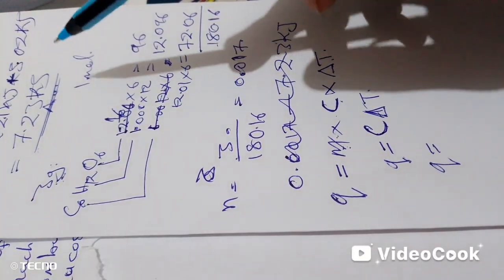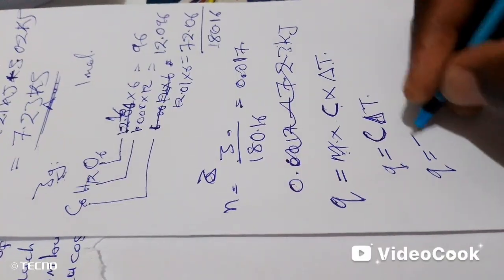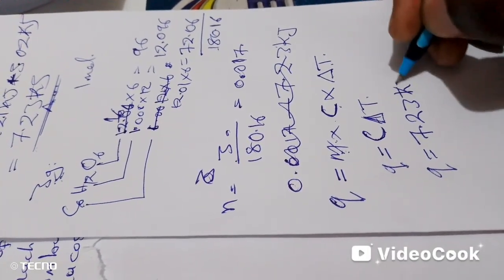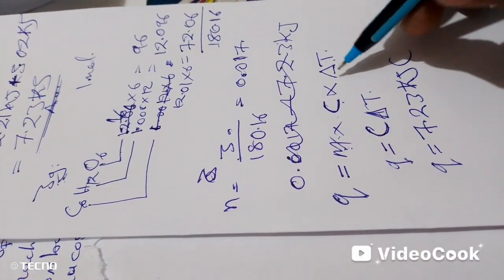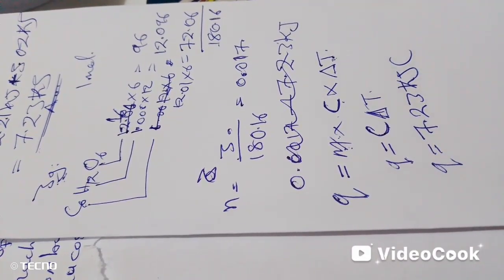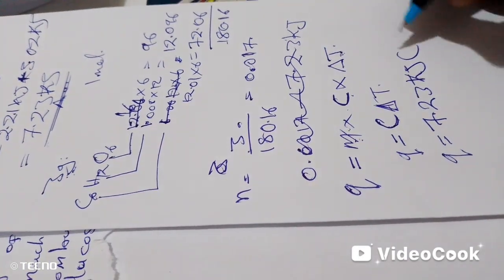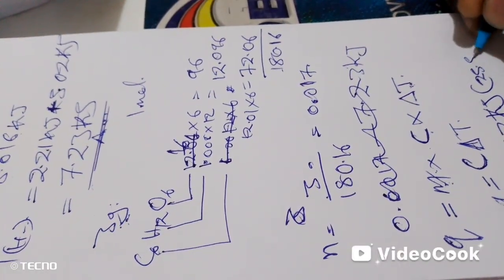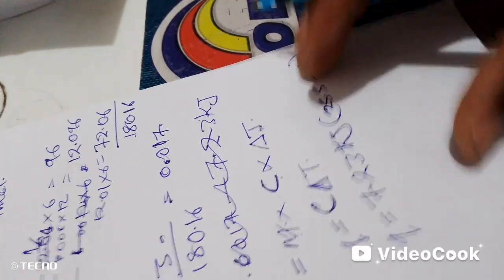So where is it? Yeah, that was 7.23 kilojoules. This kilojoules is going to be multiplied with the temperature. Our temperature, we had the first one, which was 25.5 minus 19.